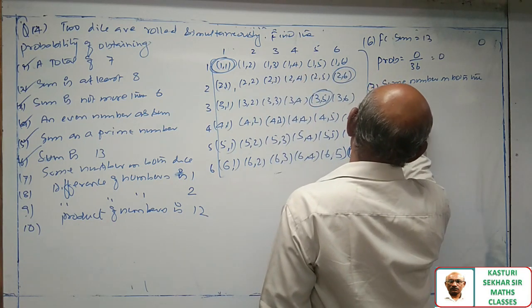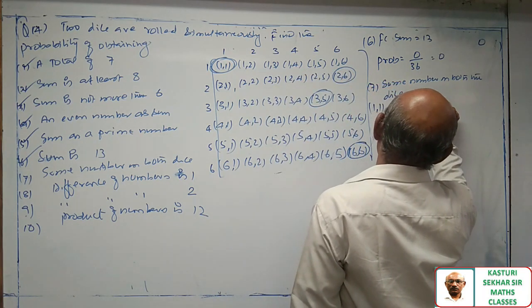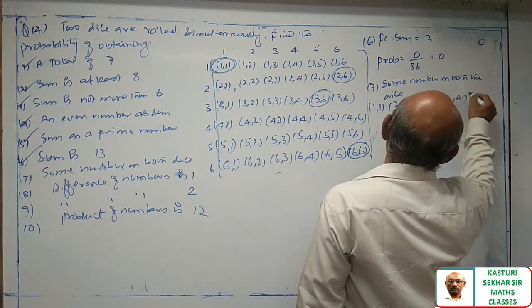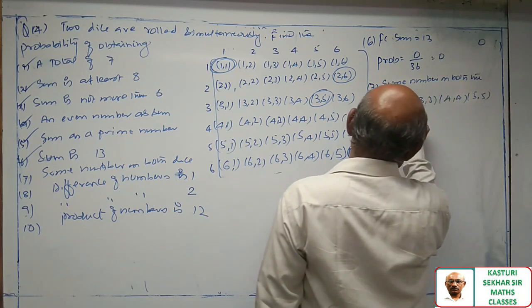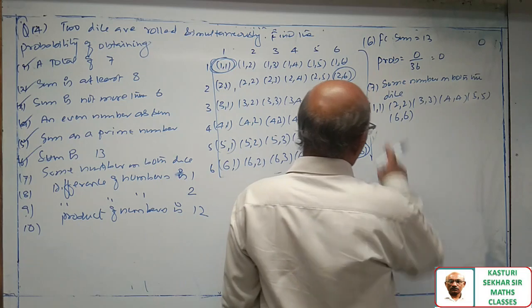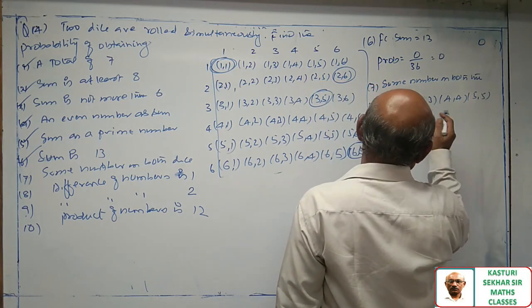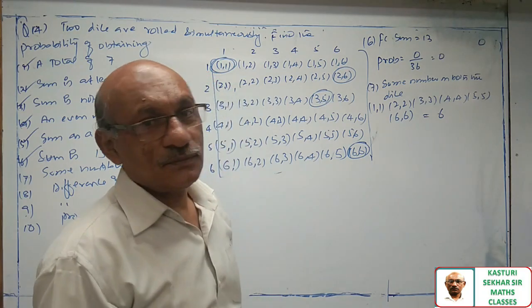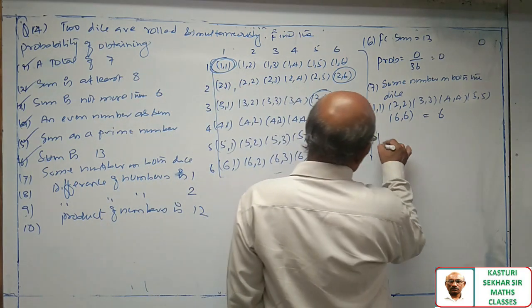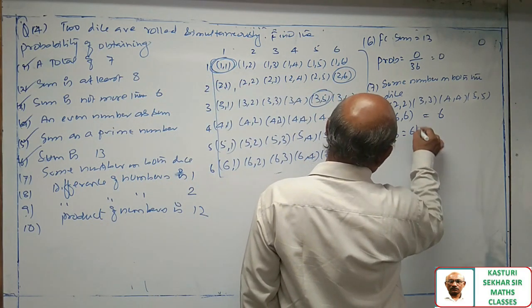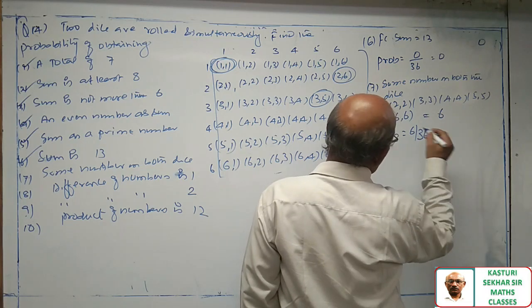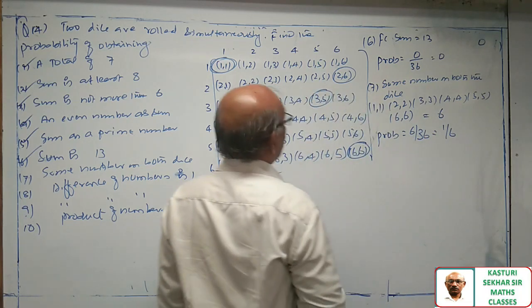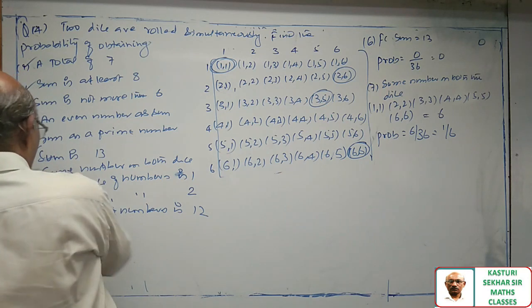So 1 comma 1, 2 comma 2, 3 comma 3, 4 comma 4, 5 comma 5, 6 comma 6. How many cases are there? 6 cases are there. So probability is equal to 6 by 36, 1 by 6 is the answer. Question number 7 is over.